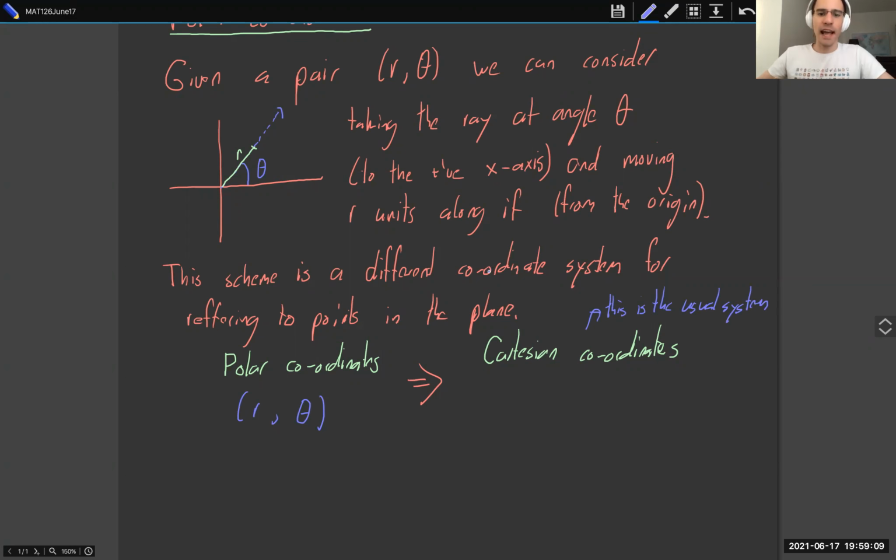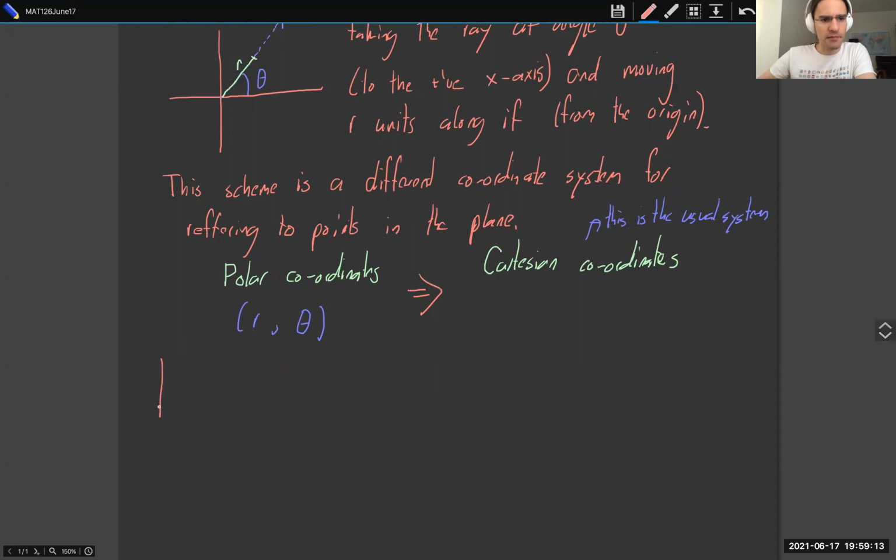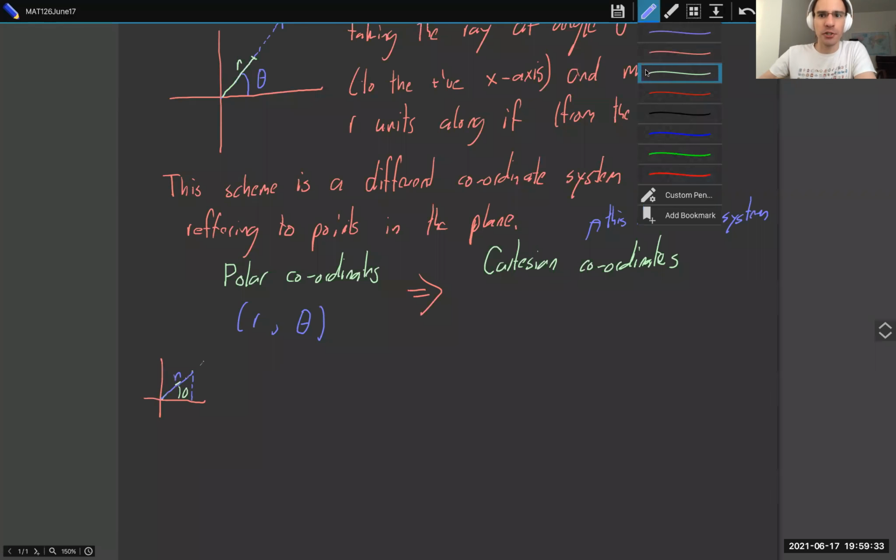So let's look at the diagram. I'm going to draw it again. If we have an angle theta and a distance r along this, then if we look at the x and y coordinates, they're these sides of the triangle. And we can find those sides using trigonometry.